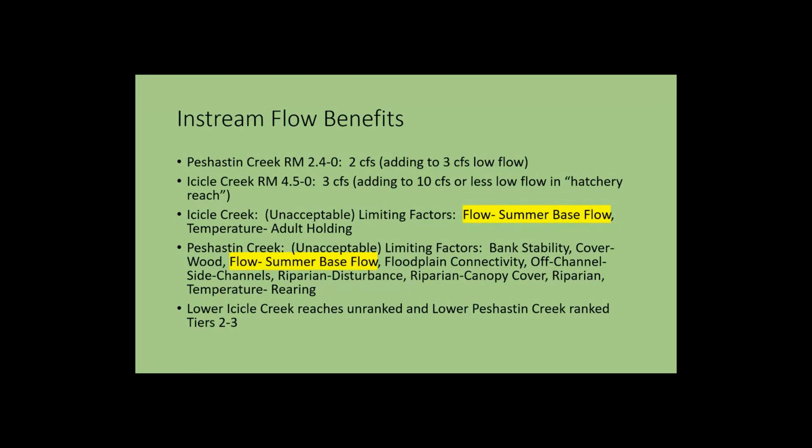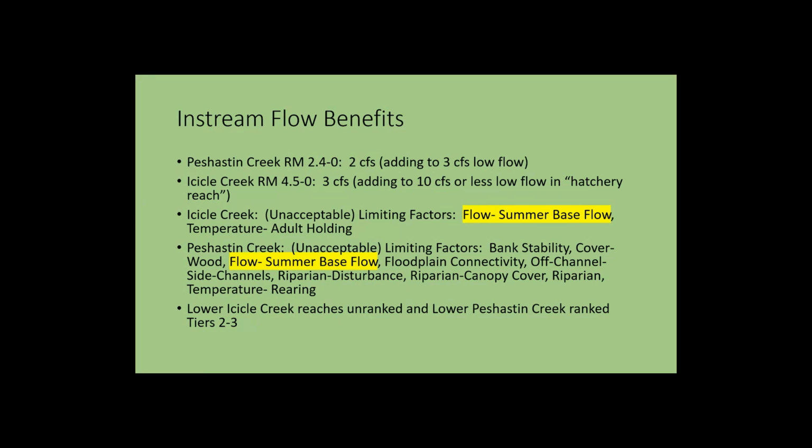In terms of where the benefit would be, the 2 CFS would be from their main Peshastin diversion down to the confluence. At least that's the Peshastin benefit. So we would be adding 2 CFS to the current 3 CFS low flow, going from 3 to 5.